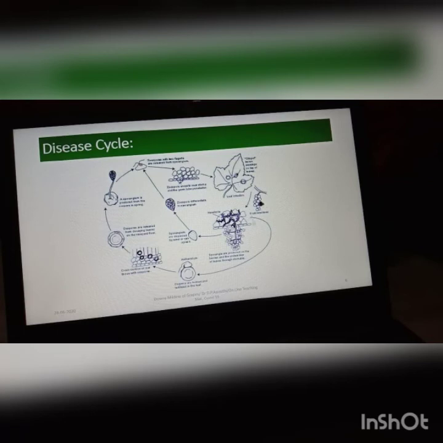Then this cycle may continue, that is, zoospores will again infect new plants, and this is the secondary infection. Or it can go on to form oospores, and in the next season it will act as a primary source of inoculum. So this is about the disease cycle.